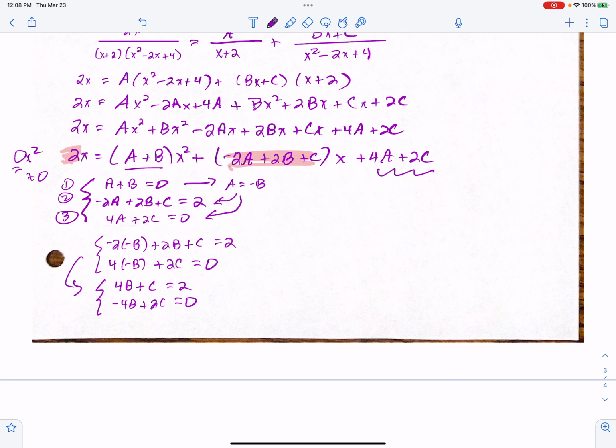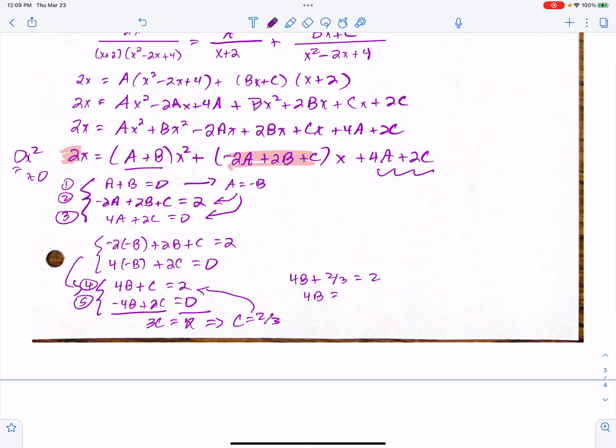And so we could go right to adding those. I'm going to call this equation 4 and equation 5 because the b's are opposite in value, and we get 3c is 2, which implies that c is 2/3. And then if I substitute that back up into either of these, I have that 4b plus the c of 2/3 equals 2.